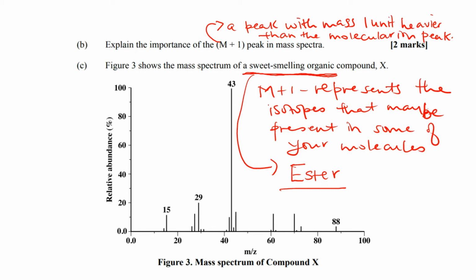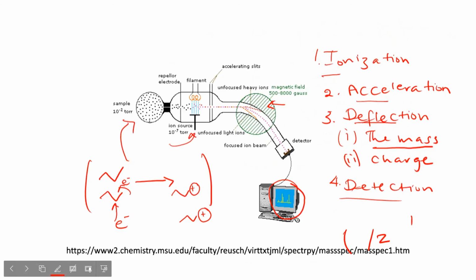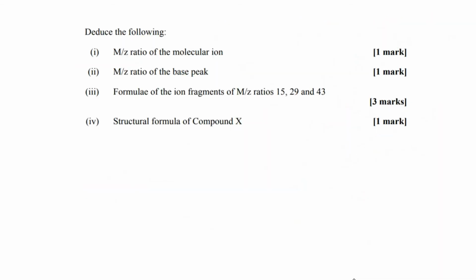So remember, your molecular ion peak is usually one with the greatest mass, but you can have your M+1 peak present, which would be one mass unit heavier than your molecular ion peak. That's what we were discussing before. So in this case, the mass charge ratio of your molecular ion peak would be 88.